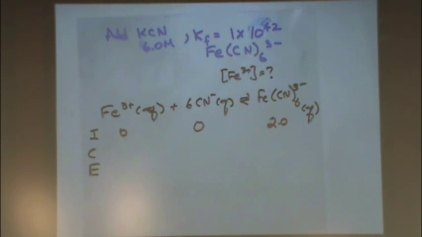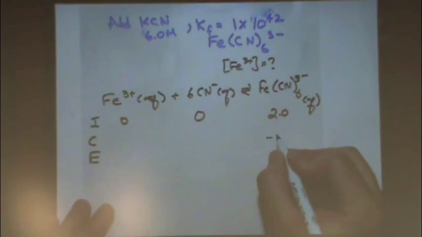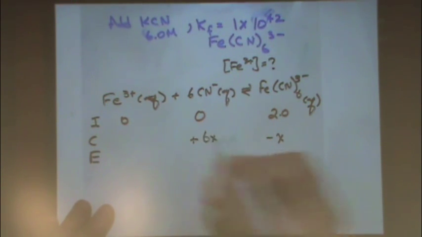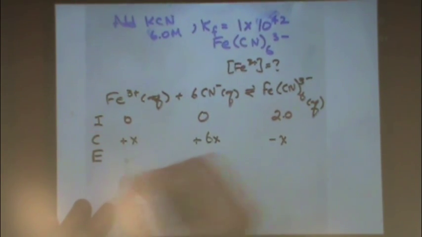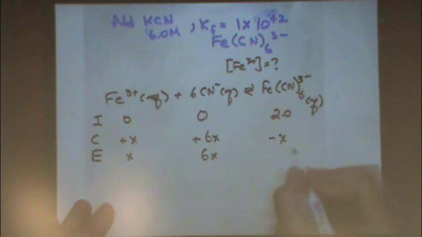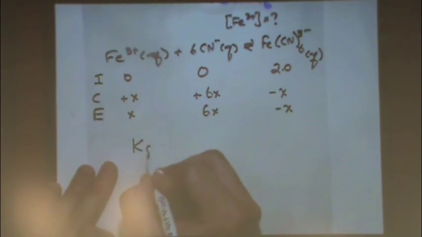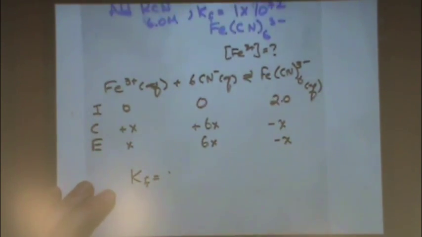All right, so you need those concentrations, and then you just do an ice table. So it's going to shift back to the left. So minus x, plus what? Plus 6x, because there's a 6 there, and plus x. This would be x, 6x, and minus x. So Kf, did I mess up something?